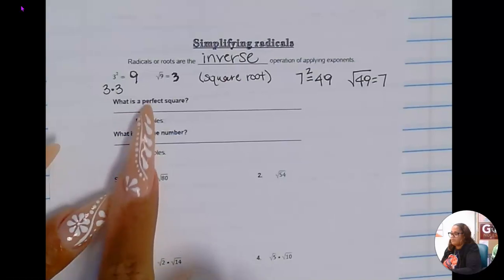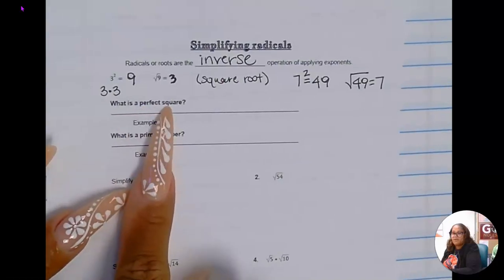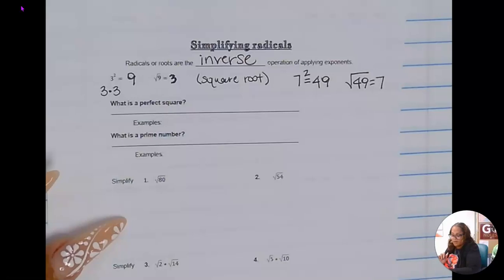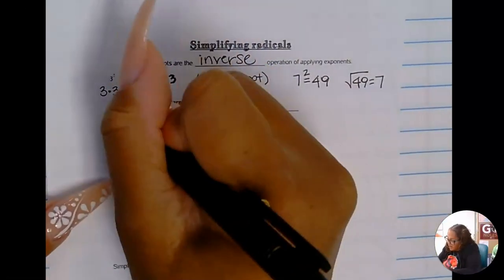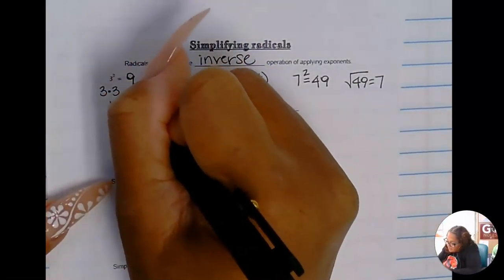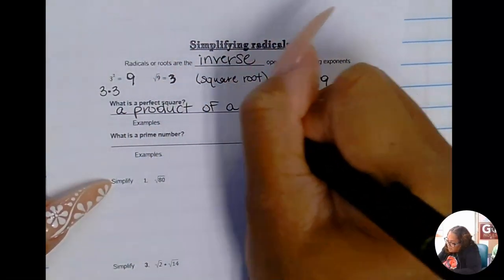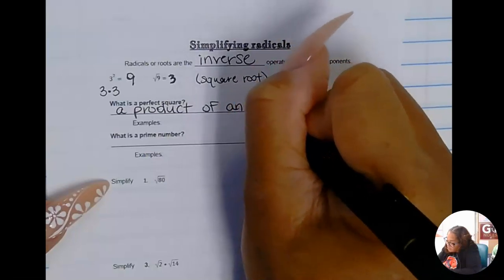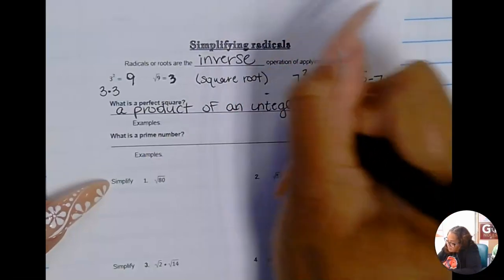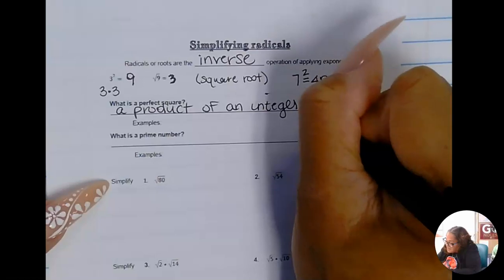Now we've got to determine these vocabulary words. What is a perfect square? A perfect square is a product of a number or an integer times itself.